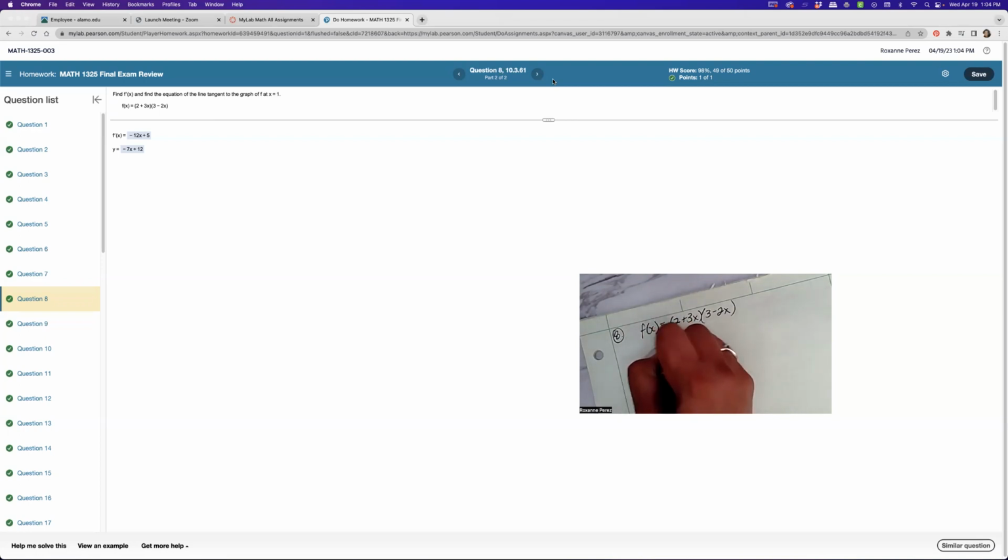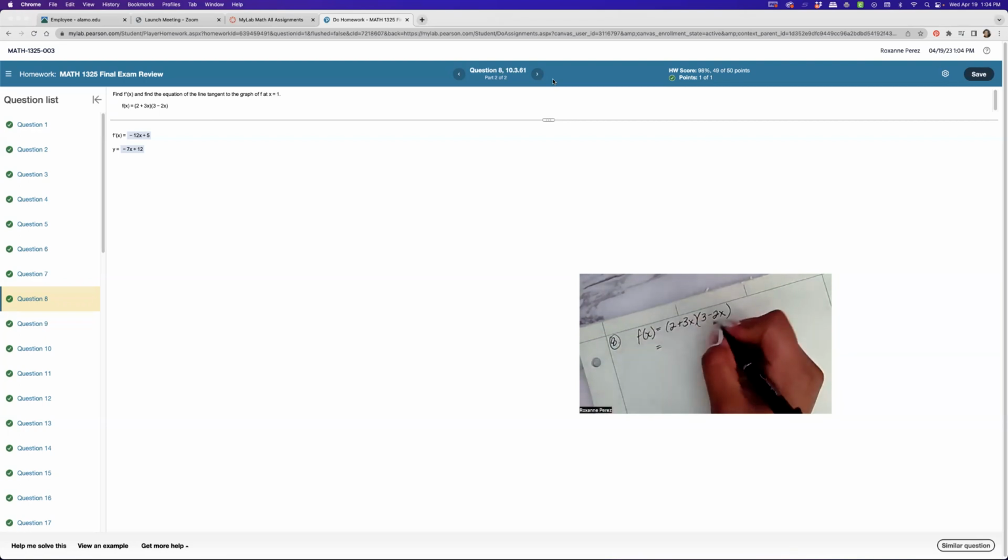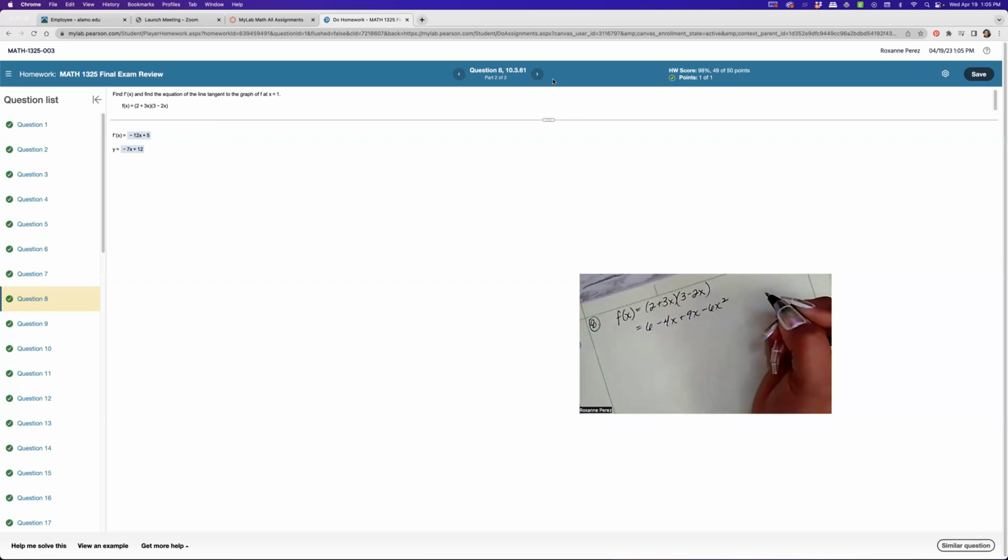Let's do some algebra just because I know we're going to be using a lot of these skills later. So I feel like maybe seeing them again and being reminded of distributing and collecting like terms will serve us later on in the review. Okay, so distributing 2 times 3 is 6 minus 4x plus 9x minus 6x squared.